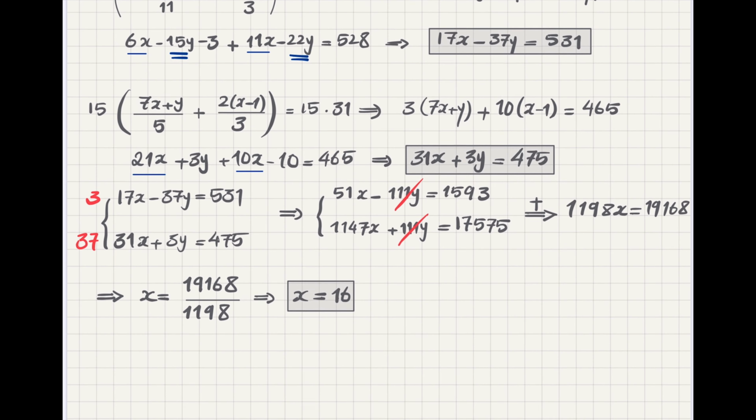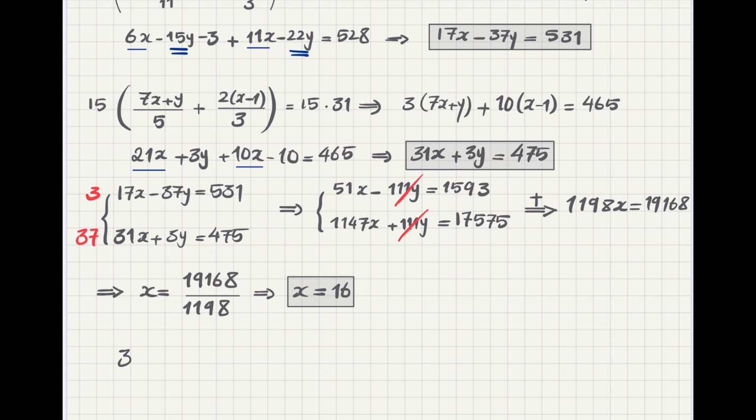I will get this 31 times x, which is 16, plus 3y, which is unknown, is equal to 475, and then 3y would be 475 minus, so I multiply these two numbers using my calculator, so 31 times 16 is equal to 496, and I move it to the other side, so it becomes minus 496.